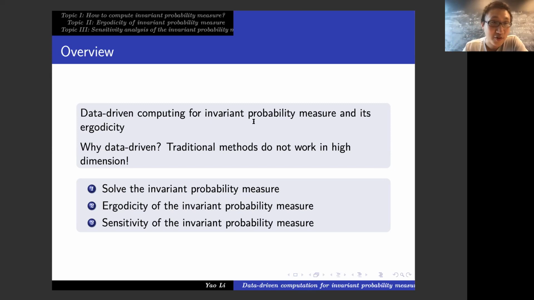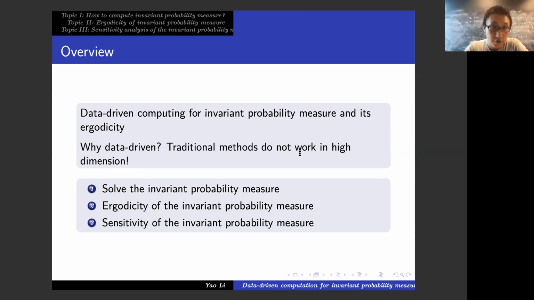So basically, I'm going to talk about three things. One is, if we have something stochastic and high dimensional, then how can we solve for the invariant probability measure? And the second question is more like a mathematical question, but a very important one: the ergodicity of the invariant probability measure. In other words, how fast does the process converge to its steady state?